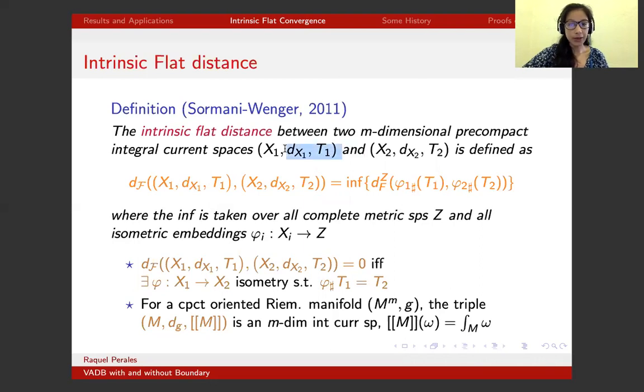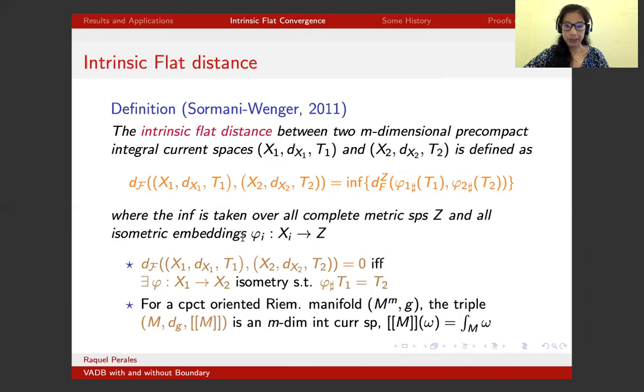But once we have these triples, if we want to calculate the intrinsic flat distance between them, what we have to do is isometrically embed x1 and x2 into a bigger complete metric space Z. And once we embedded x1 and x2, we can also take the push forward of this linear functional T1, and we can also take the push forward of the functional T2, and there we calculate their flat distance.